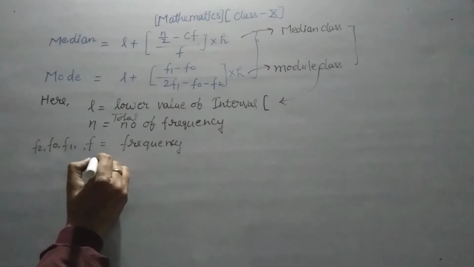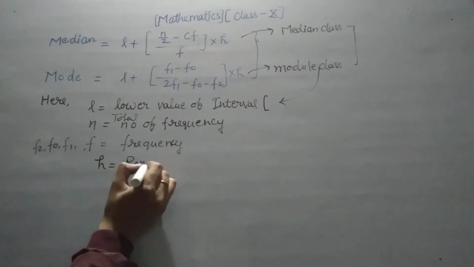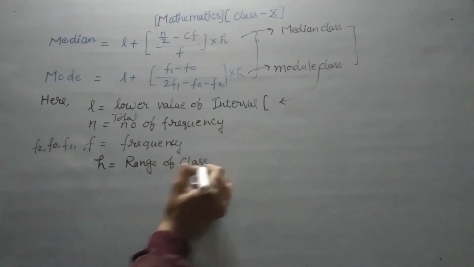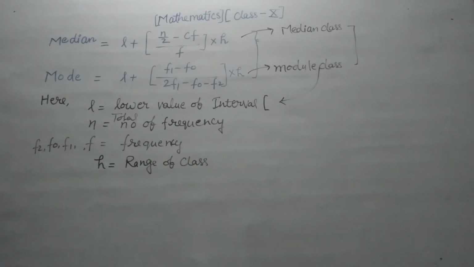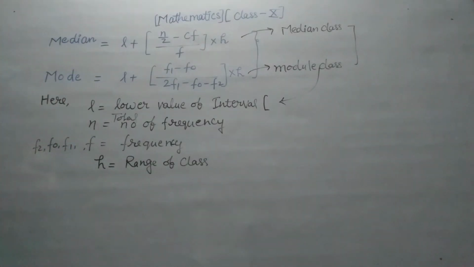Now we discuss h. h is the range of this class, or you can say the interval. So these are the formulas that help to find the median and mode. Now we have to discuss the mean and another formula.